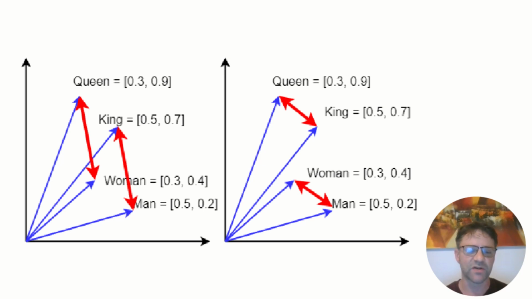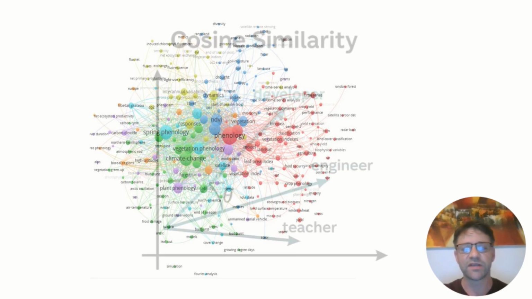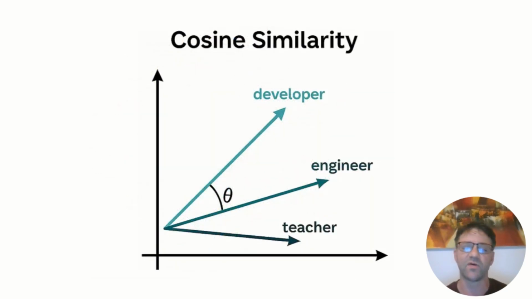We can think about those numbers as coordinates landing that word or phrase somewhere in this multi-dimensional space. So words that have similar meanings will land in similar areas of this multi-dimensional space. Here we can see in this picture an example of the word developer and the word engineer.